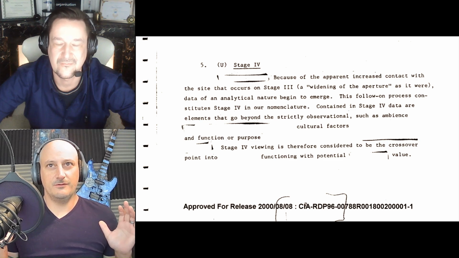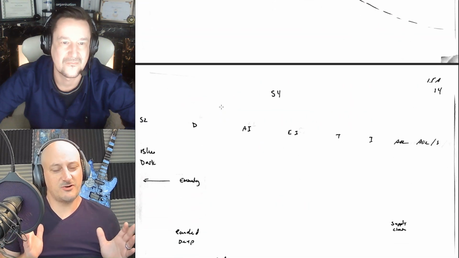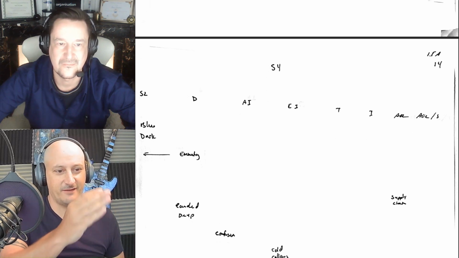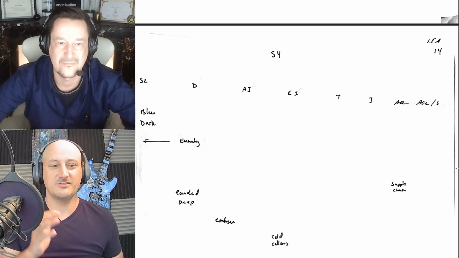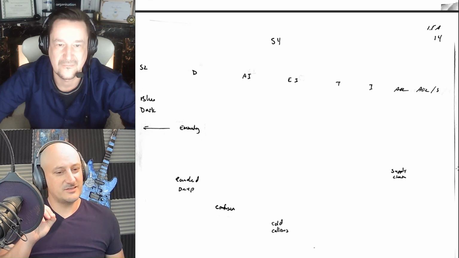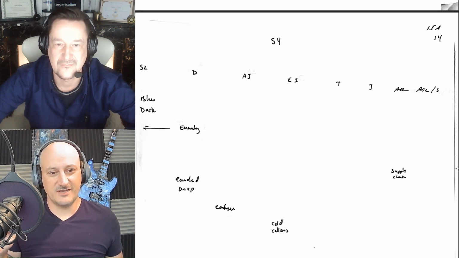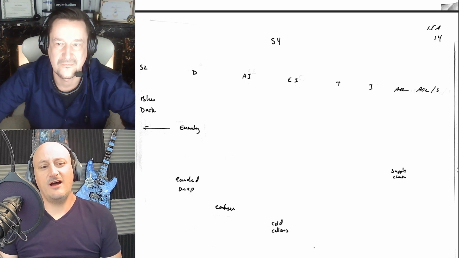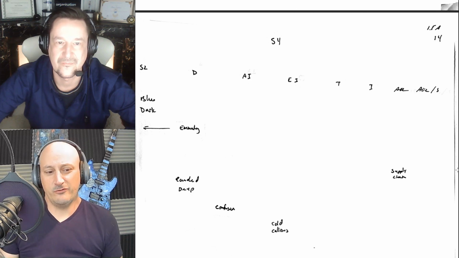What would happen is I struggled in the beginning because as soon as I went to stage 4, I'd have all these stage 2s, I'd have some dimensionals, I'd get some AIs, and then all of a sudden I'd put my pen into some of these other columns and I would just stall out. The aperture would feel like it would just close up on me. What I found was I just got to keep that pen moving.